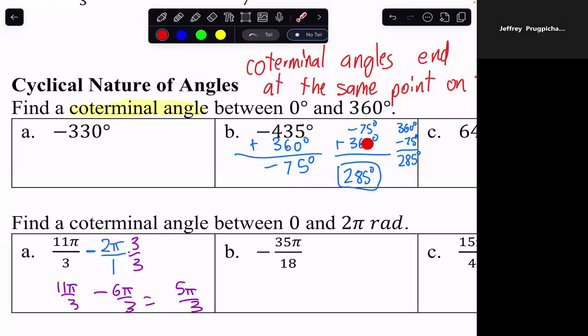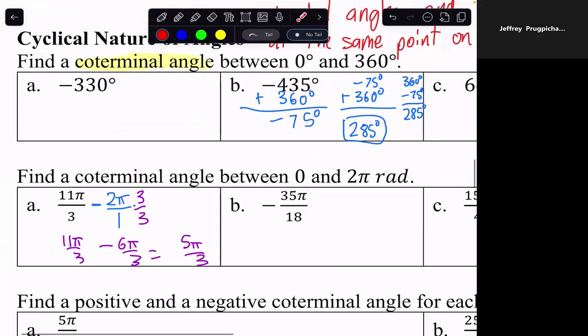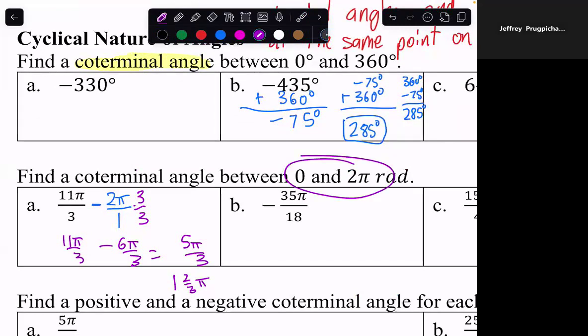But do I need to repeat like I did on the first example, or do I just stop here? I need the answer to be between 0 and 2 pi. So 5 pi over 3. Here you could temporarily turn it to a mixed number if you want. 3 only has one full group in 5, so it'd be 1 and 2/3 pi. So that is between 0 and 2 pi.